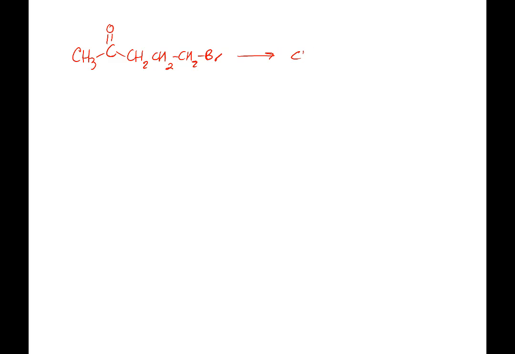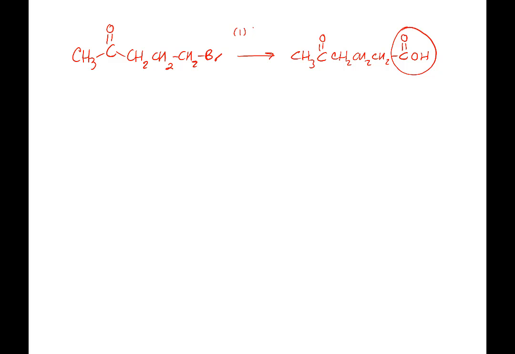So I'm in the lab and I'm starting with this alkyl bromide, and I'd like to add a carboxylic acid group at the end of the chain. If I'm going to add that COOH group, I'm first going to need to add what to the bromide?